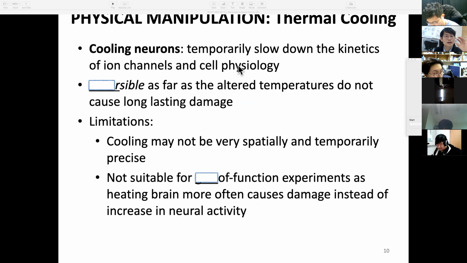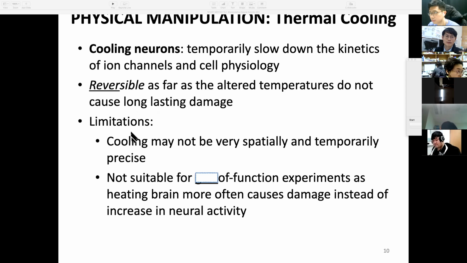If you do it very mildly and in a limited range, then altering the temperature will not cause long-lasting damage. So that's what you can control, and this experiment is at least reversible. Of course, if you do it too much, you freeze the cell, and maybe part of the cell will die, but basically it's reversible too.